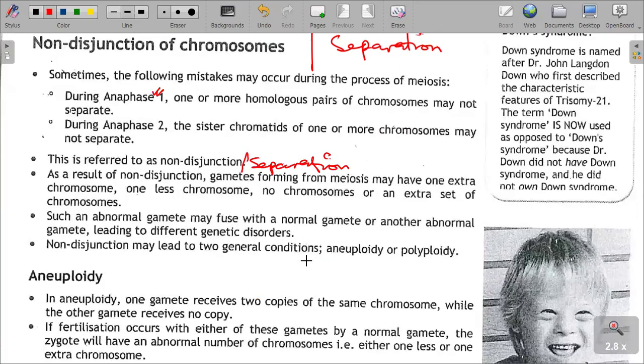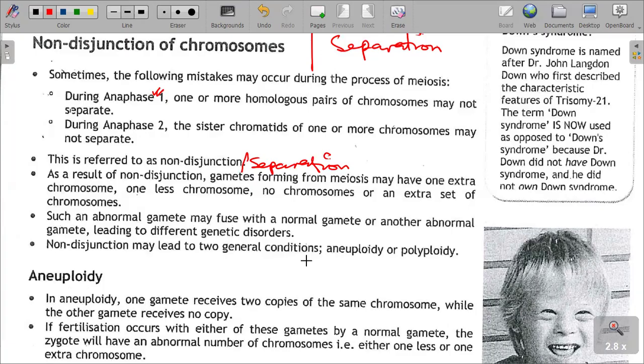You need to understand that such an abnormal gamete may fuse with a normal gamete. Whatever gamete is formed where non-disjunction has occurred can fertilize or join with a normal gamete or another abnormal gamete, leading to different genetic disorders.